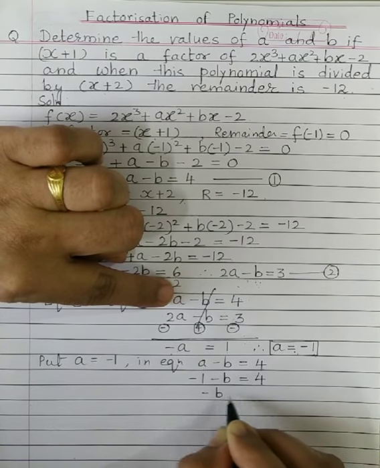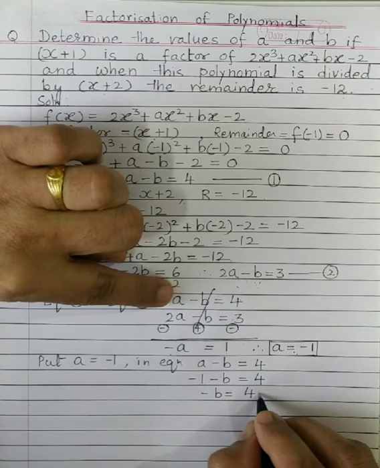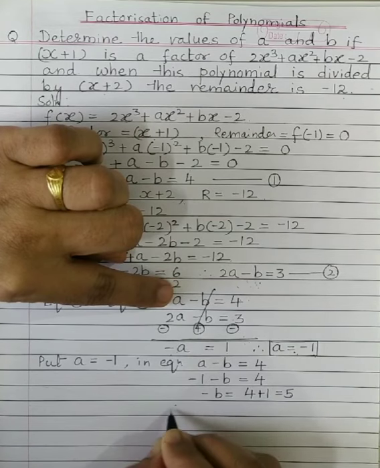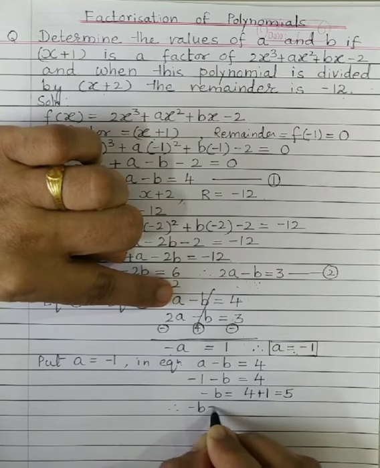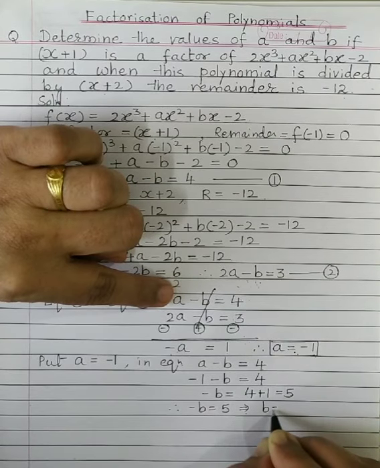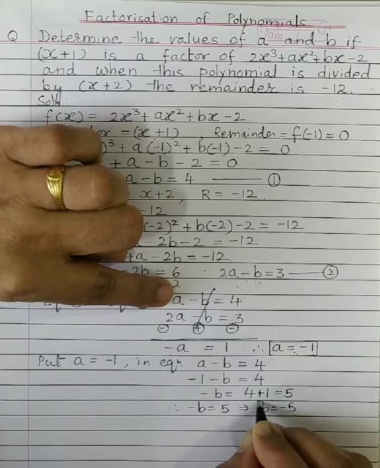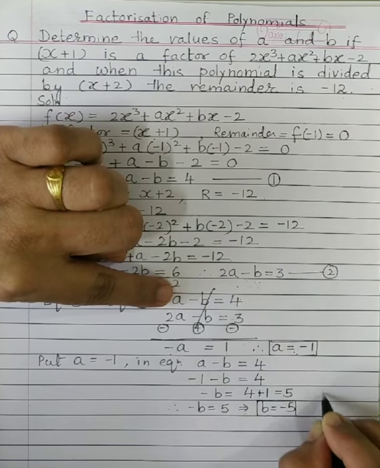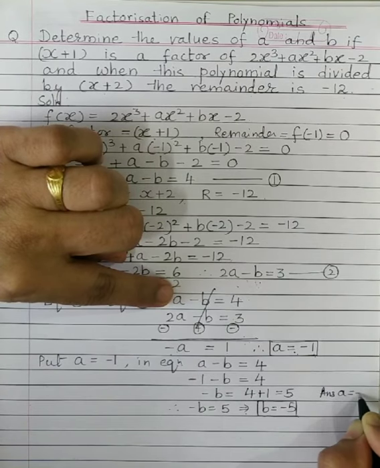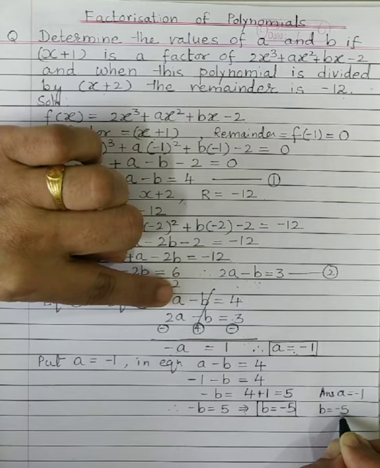Therefore minus b equals 4 plus 1, that is 5. So you get minus b equals 5. Therefore you can write b equals minus 5. This is how we have found both the missing variables. What did we find? A is minus 1 and b is minus 5.